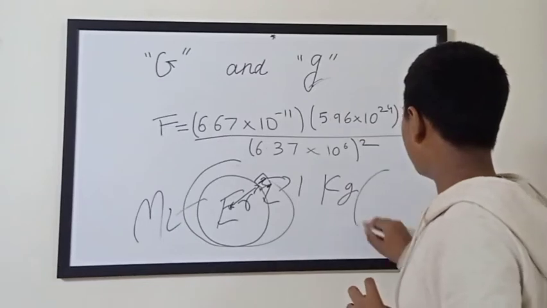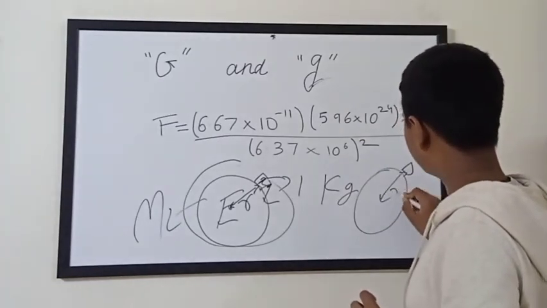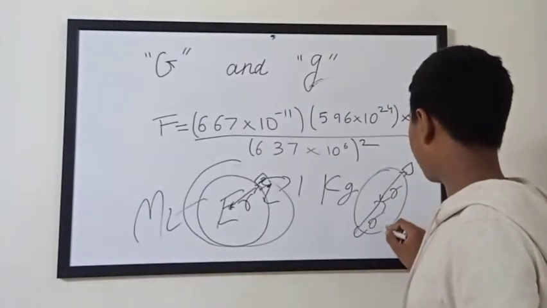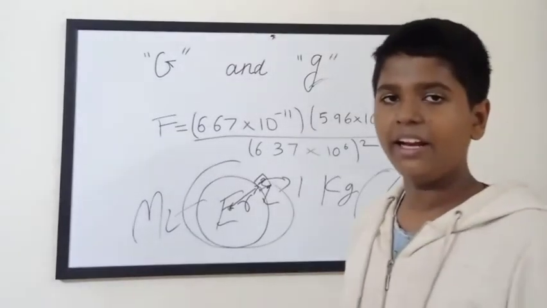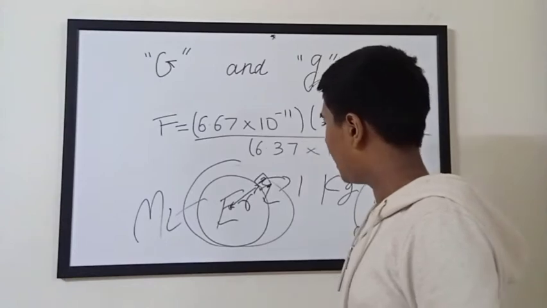Right or wrong? Any spherical object, what will be the distance? Radius. Twice of radius is known as diameter.